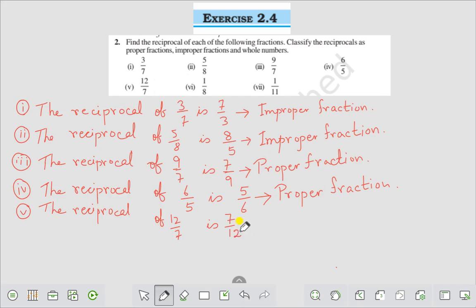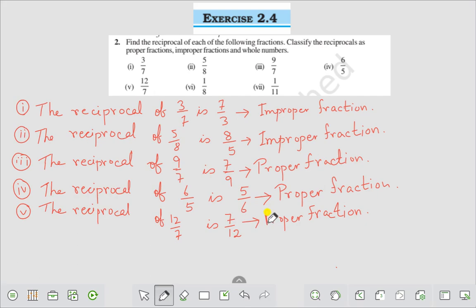Here you see that the numerator is less than the denominator, therefore it is a proper fraction.